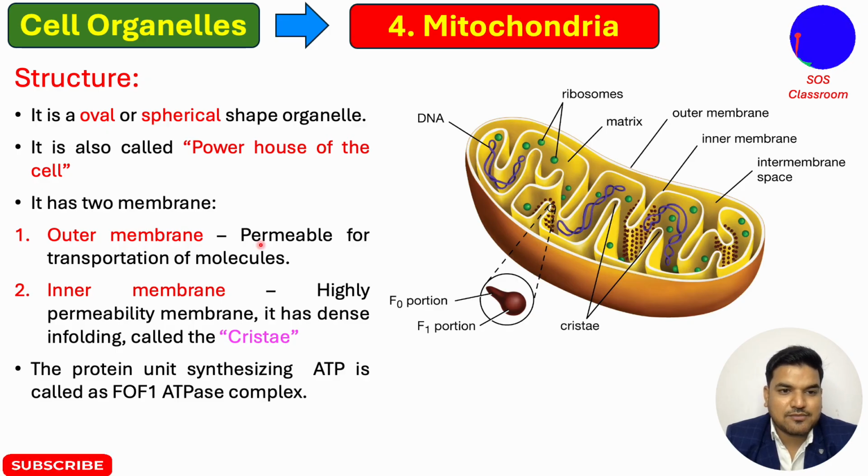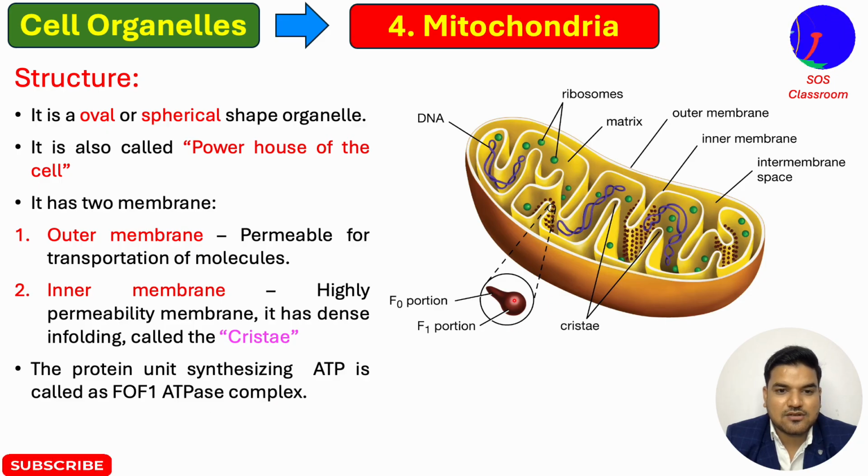It has two membranes: the outer membrane is permeable for the transportation of molecules, and the inner membrane is a highly selective membrane. It has dense folding called the cristae. You can see these are the folding membranes, that's why it is called cristae. The protein unit that synthesizes ATP is called F0 and F1 of the ATPase complex.